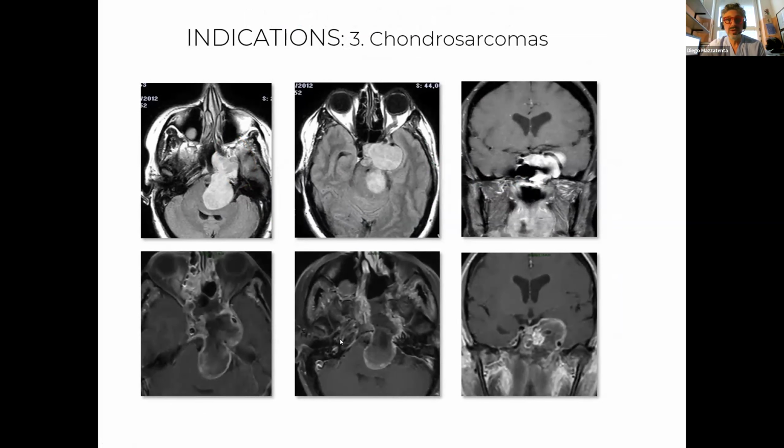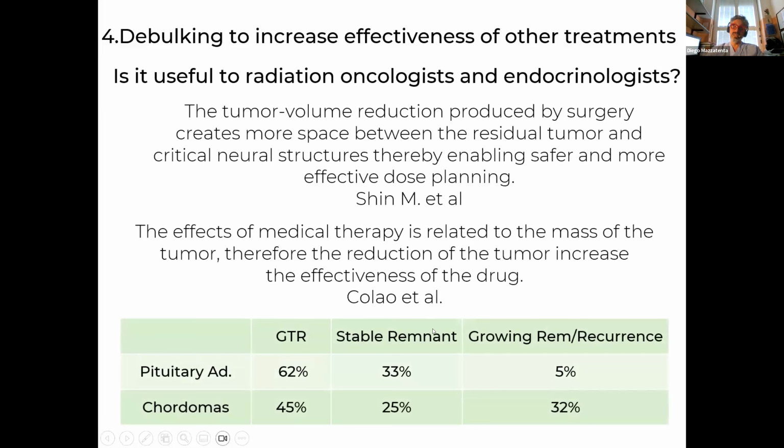The debulking to increase the effectiveness of the other treatments is another pillar of this type of surgery. It is useful to radiation oncologists and endocrinologists. If you ask, the radiation oncologist and the endocrinologist affirm that surgical debulking is the most important to achieve the best results, in case of using radiotherapy afterwards or medical therapy where indicated.